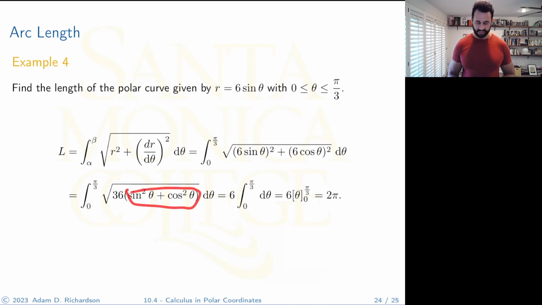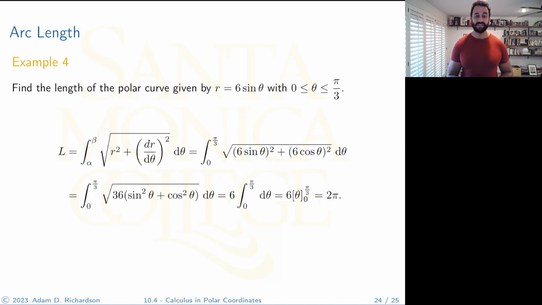Sine squared plus cosine squared is 1, so our integral becomes very, very nice. It becomes the square root of 36, which is just 6. And then we're just adding up d theta at that point. So we get 6 theta between 0 and pi over 3, which becomes 2 pi. So the length is 2 pi.